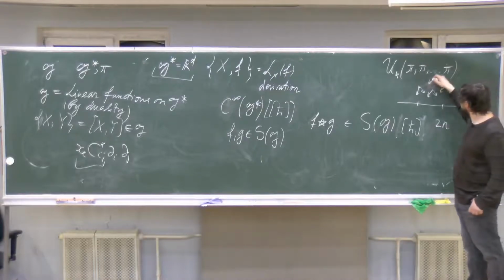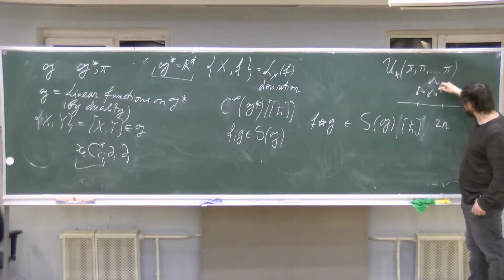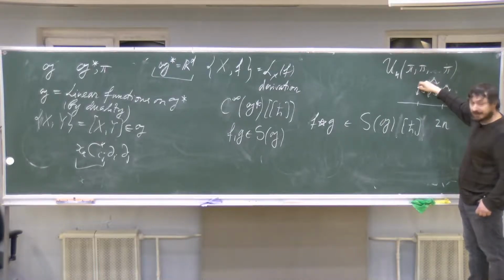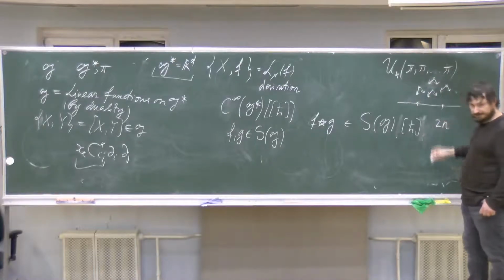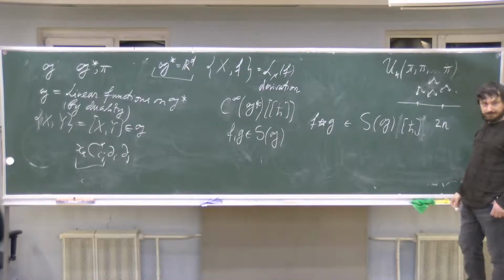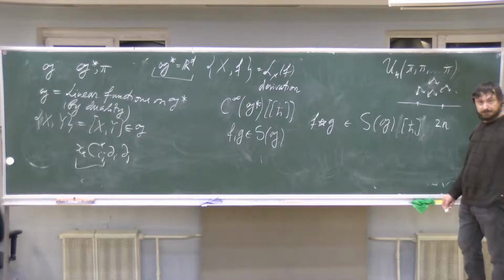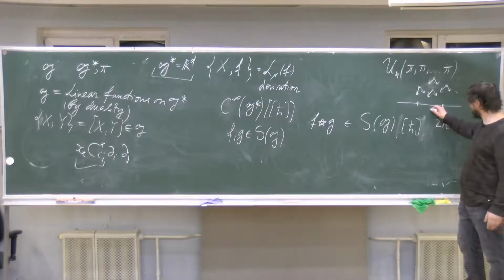So there will be no more than n arrows getting into the points of this sort. So there will be n arrows which enter these 2 points. So the total degree of this bidifferential operator will grow as n grows. It will be at least n.